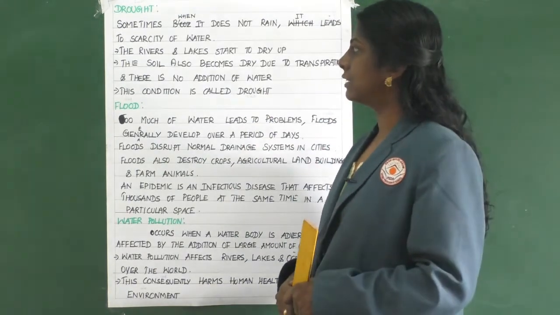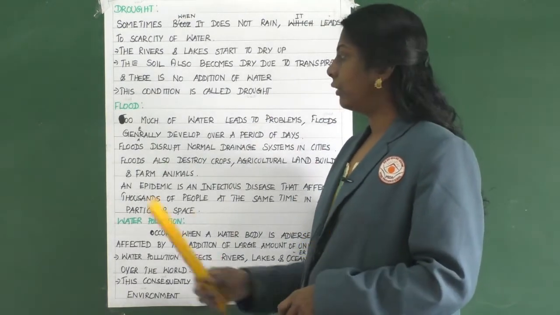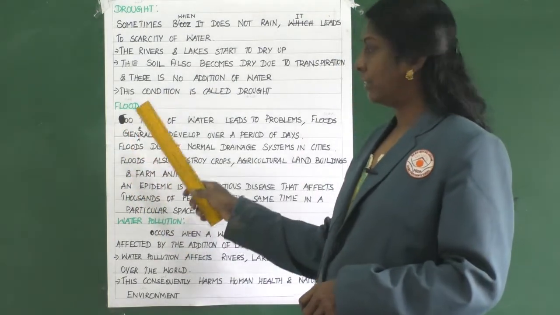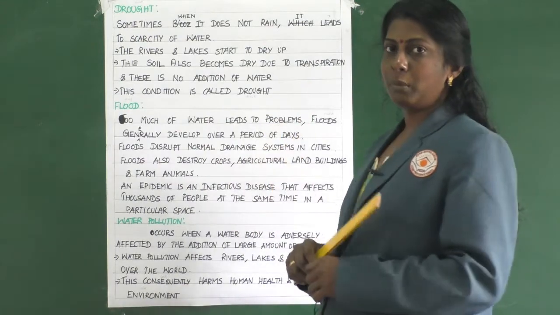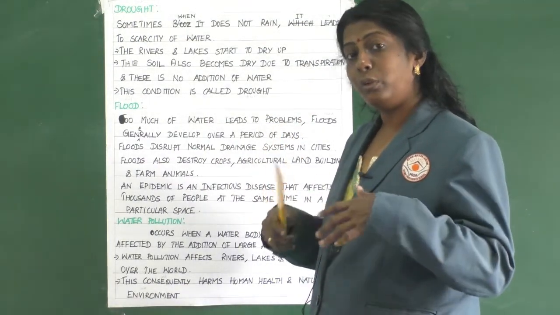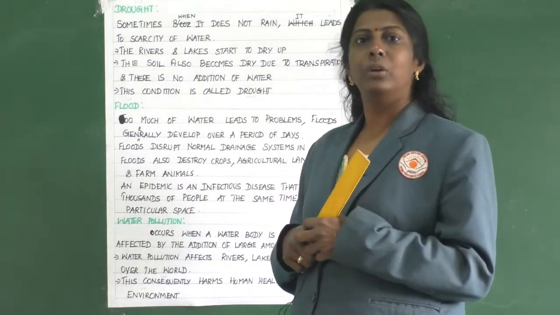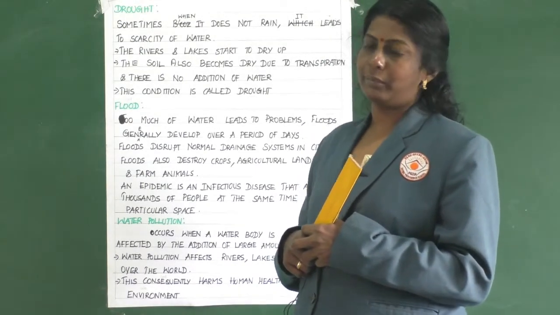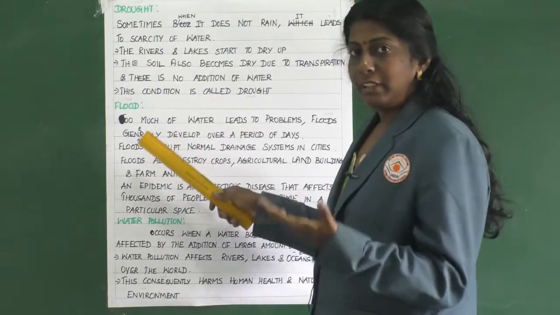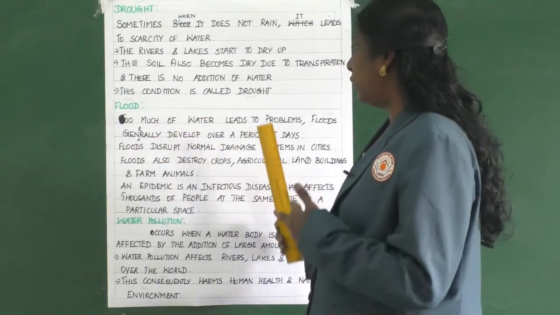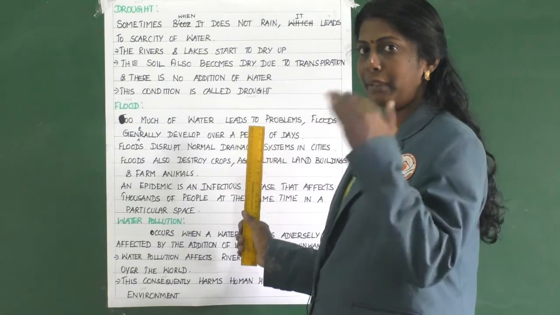Clear? Yes. Next, let us learn about flood. Too much water also leads to problems. If there is too much water flow, it will lead to problems like flood. Generally, floods develop over a period of days. It won't happen within one day.